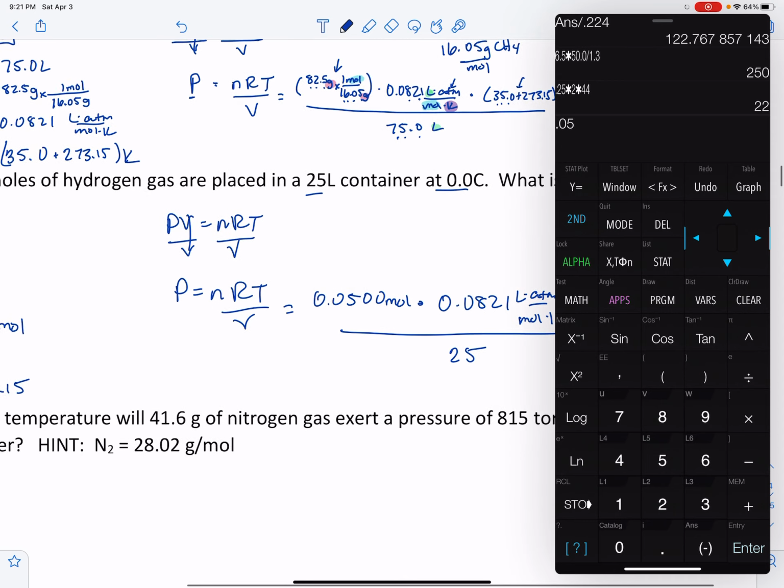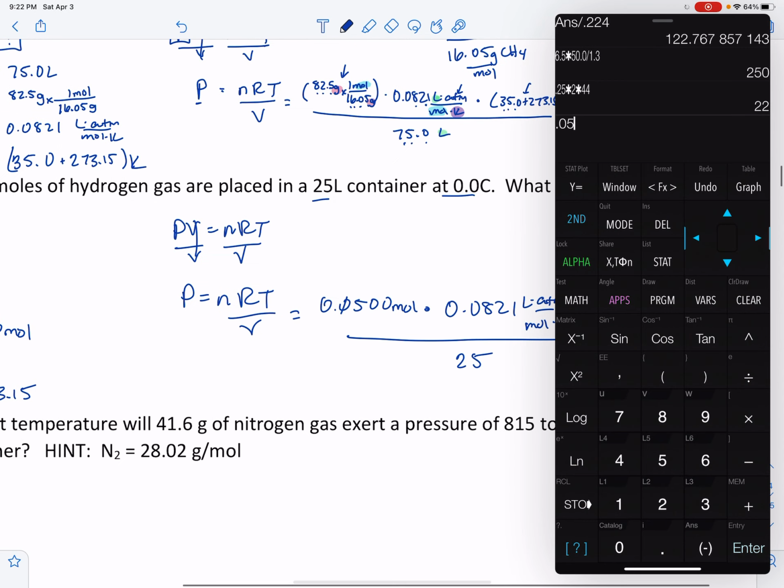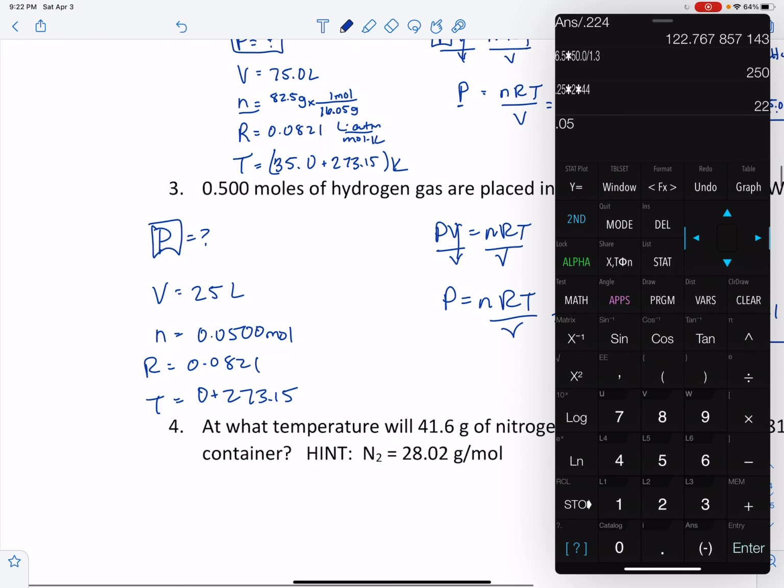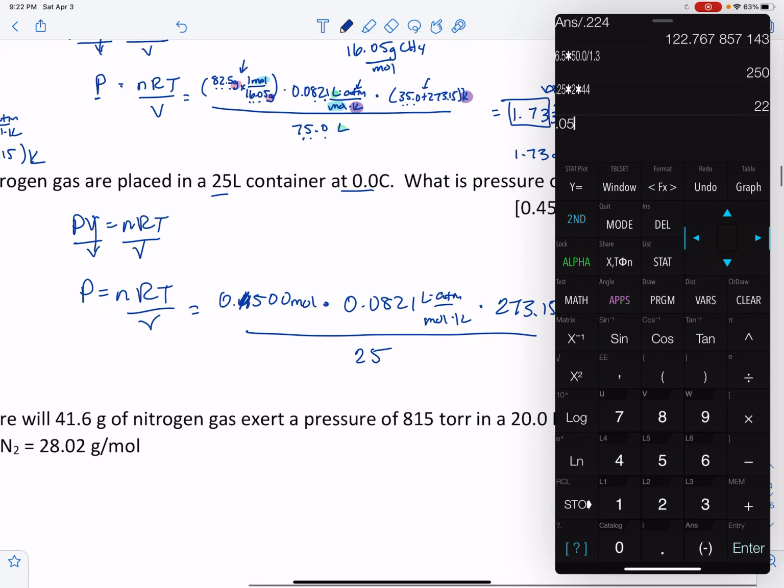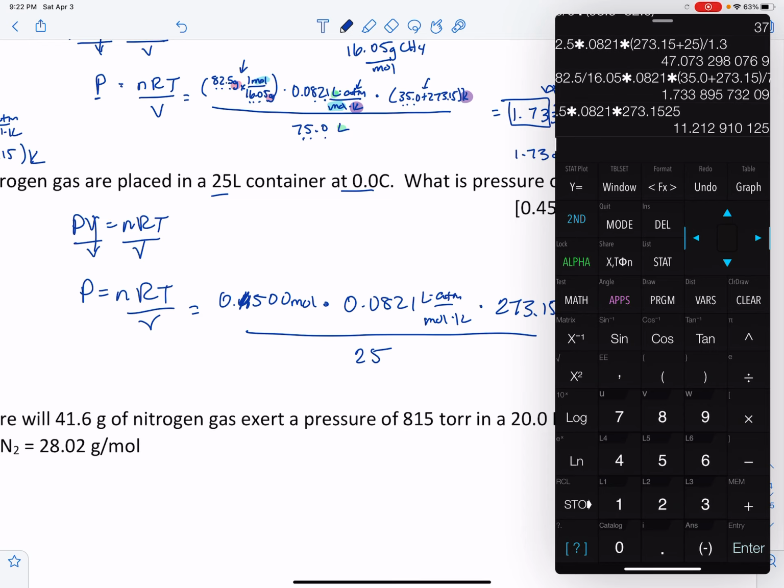Let me make sure that is 0.05. No, that's 0.5. Do make sure that you copy it correctly. 0.5 times 0.0821 times 273.15 divided by 25.